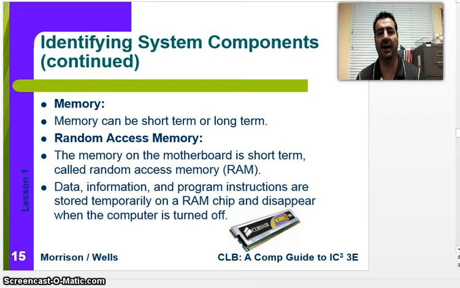So the more RAM you have, the more productive your computer can be, because you have more ability to process and calculate more information at the same time. This is stored on a RAM chip, a random access memory chip, and I'll show you one in class tomorrow. If I don't remember, please remind me and I'll show you guys one.